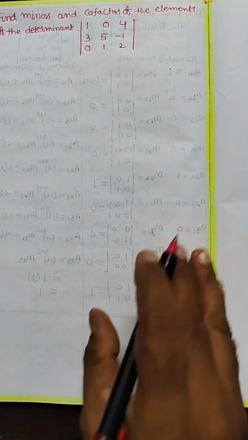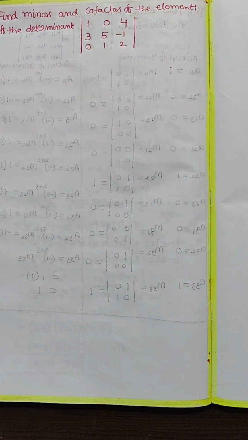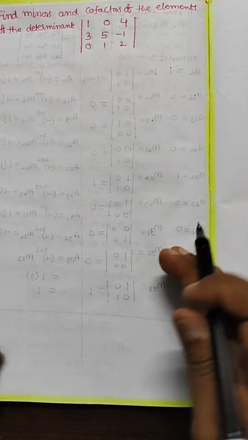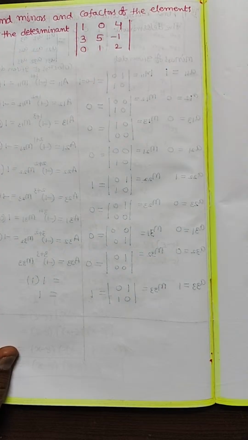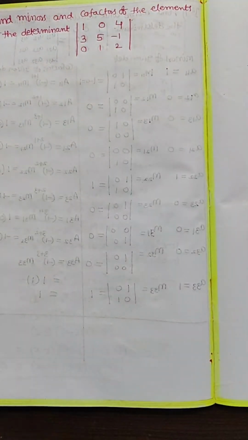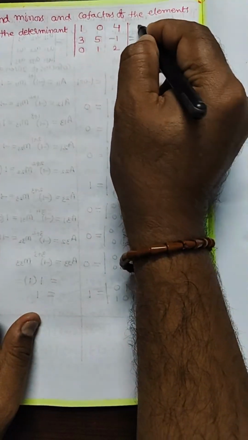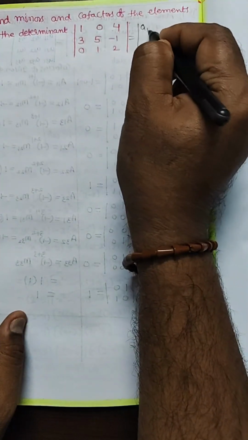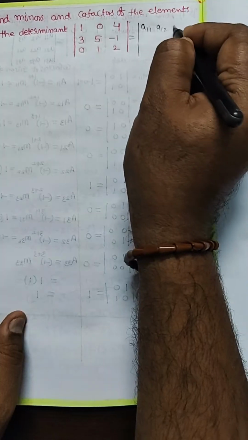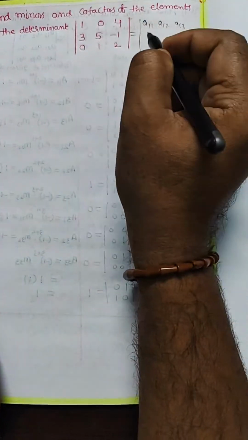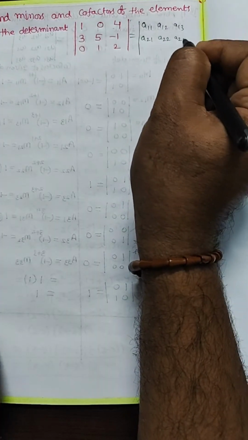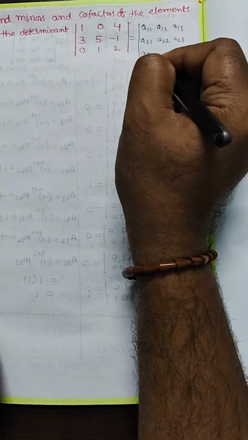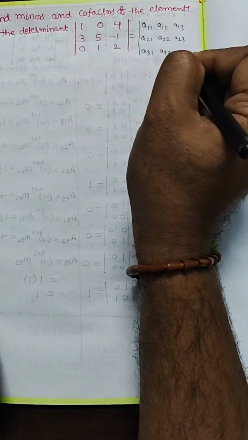Okay, dear students. So first, what you have to do is consider the elements A11, A12, A13, A21, A22, A23, next A31, A32, A33.